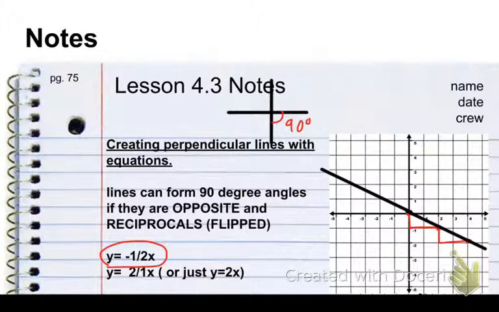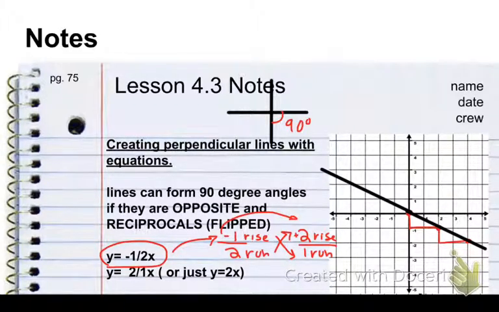But I want to flip that around. Right now I am going negative 1 for my rise and 2 for my run. What I want to do is flip that around so that I go positive 2 for my rise, because I want the opposite, and 1 for my run.